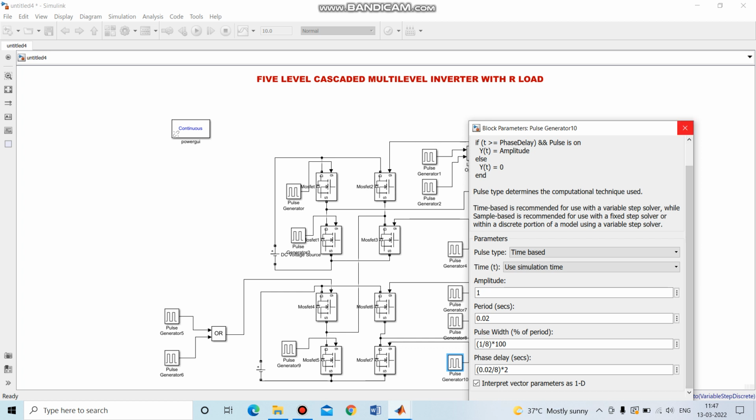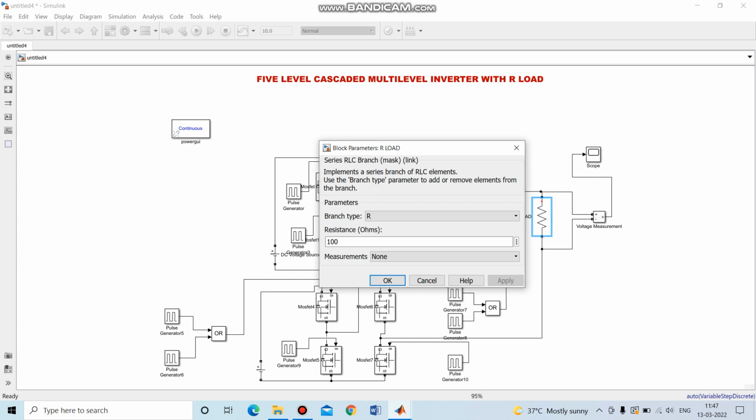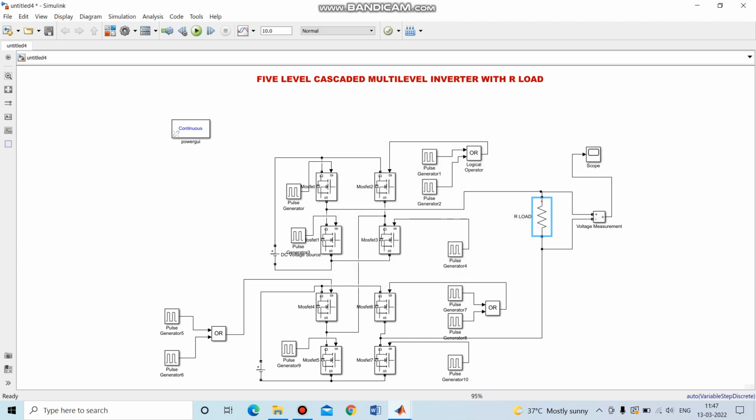Once you have given all the values for your pulse generators, next we give the R load. Your R load value will be 100 ohm resistance. Then the two voltage supply values are given as 100 volt. Then we save the simulation. After saving, you run the simulation.